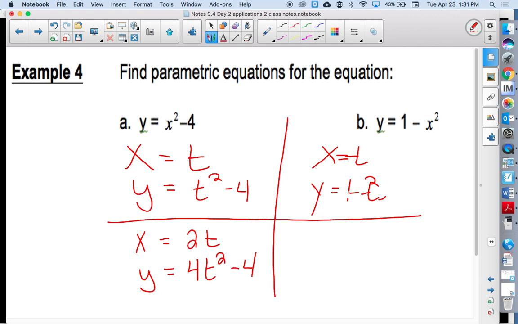So in number 45 and 49, they were asking you to do exactly the same thing. It just gave you a different set of equations. So you have a rectangular equation. It told you for A to use a specific parameter, and then it told you for B to use a different parameter. So they kind of gave you a starting point. But if you get both of those in x equals form, then that's your x equation, and you're just plugging that in for your y. Questions on that?